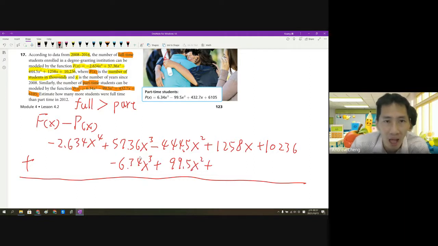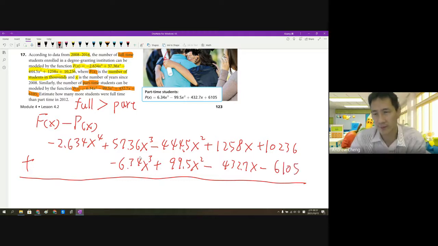And then, oh, that's minus because it's plus, so we change. So 432.7x. Lastly, negative 6105. Wow. Okay.